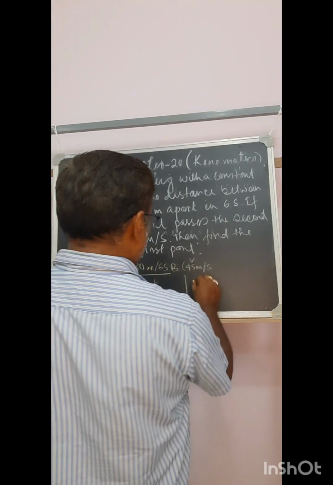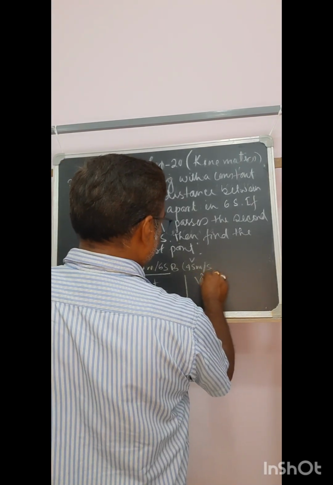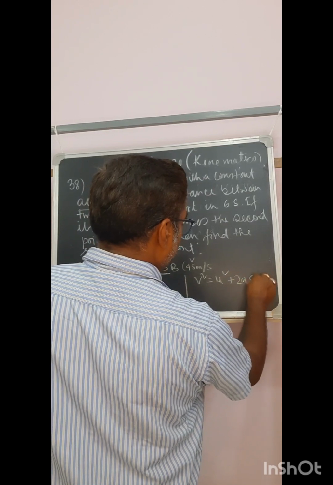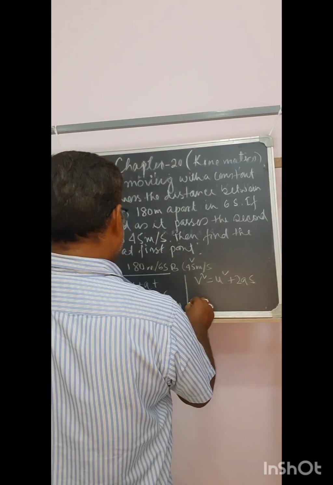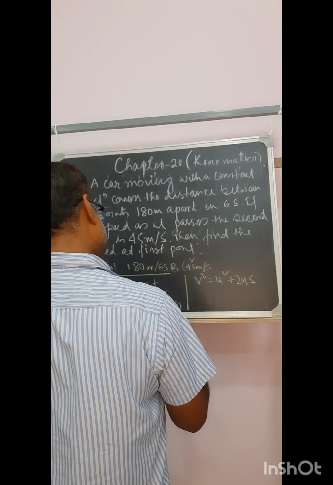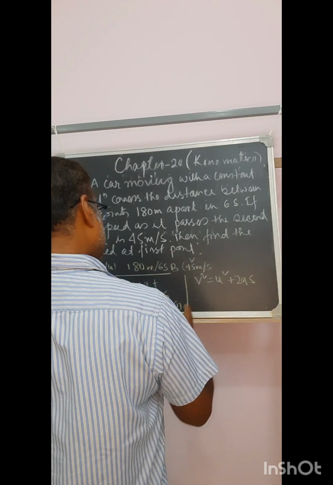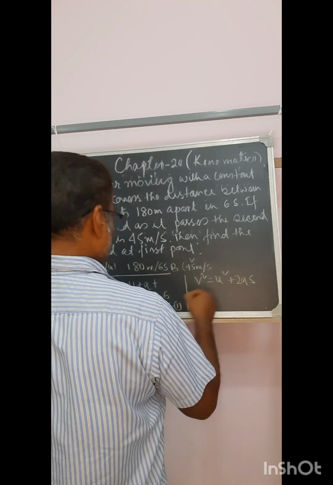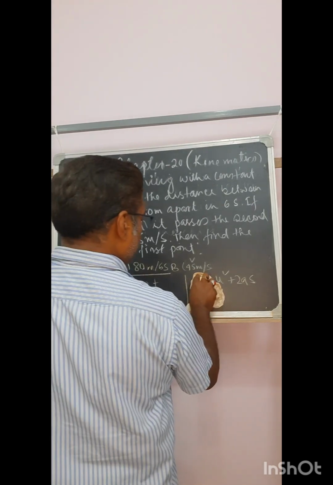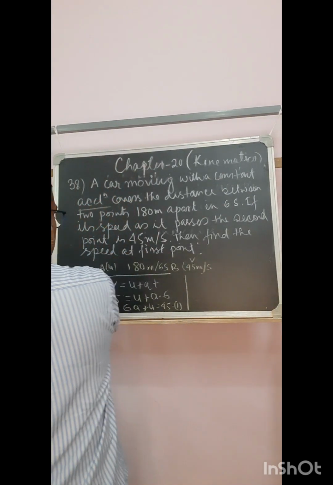For the second equation, the distance is known. If I use v square is equal to u square plus 2as, it will be a much bigger calculation.